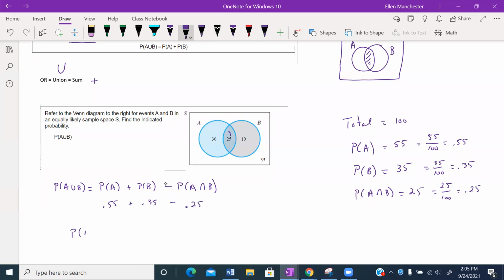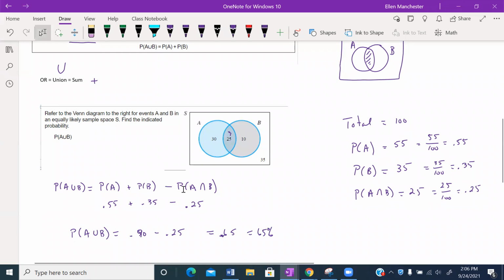So the probability of A union B is 0.55 plus 0.35 is 0.90, excuse me, minus 0.25, which is 0.65. So this is the probability of getting A or B. We have a 0.65 chance or 65% chance of getting A or B.